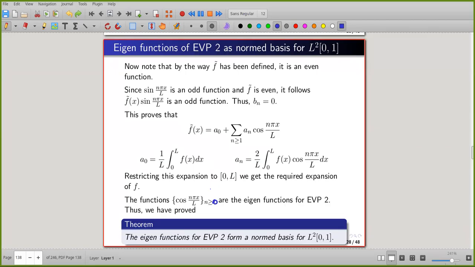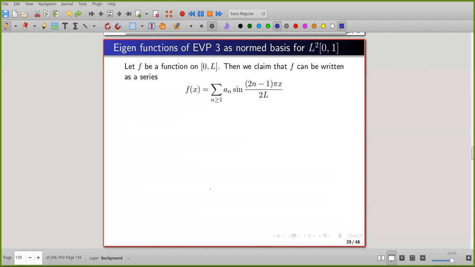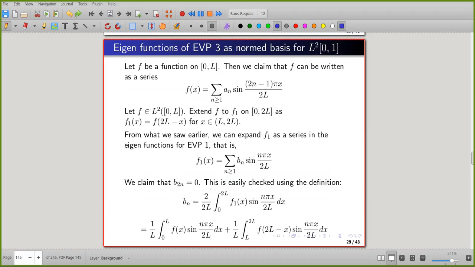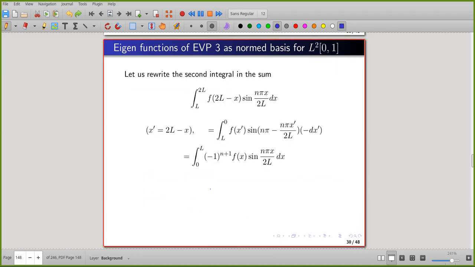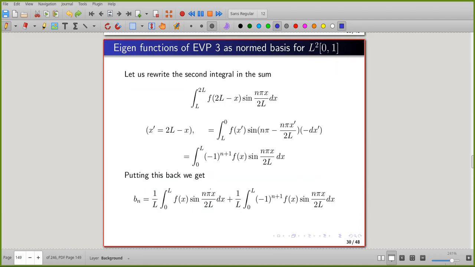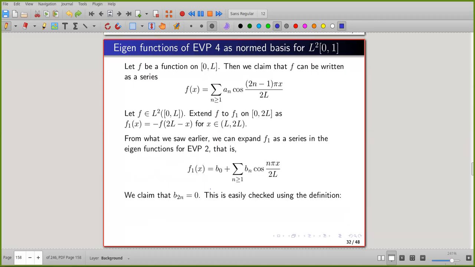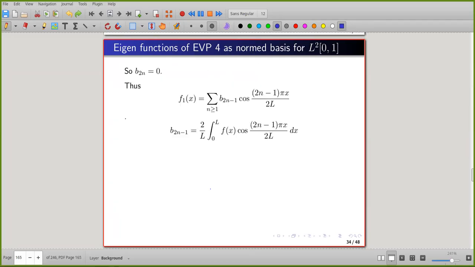Then we can do the same thing. Eigenfunctions of EVP3 as norm basis for L2 of 0, L. We can create another one. Once again, it's a similar construction. So I'll skip EVP3 and EVP4.